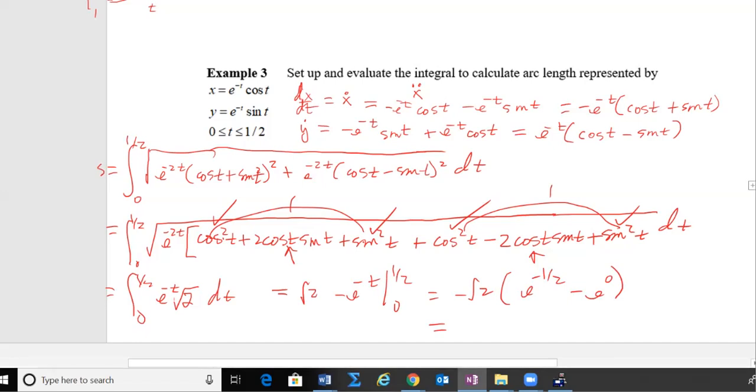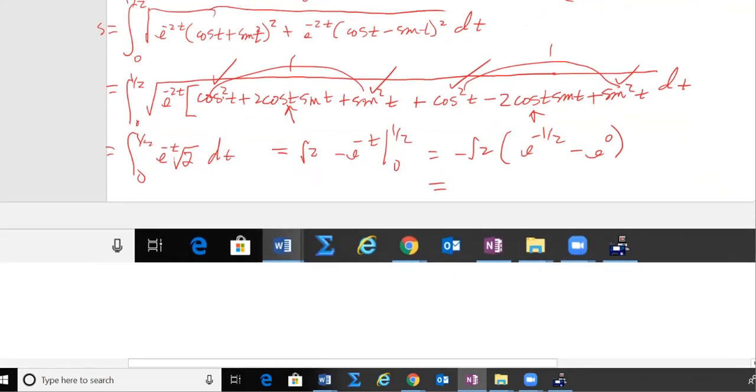So depending on how far you want to go with that, looks like we'll have a root 2 times 1 minus e to the, in fact, as long as we're doing that, let's just write that as 1 over root e, like that. And that looks pretty good.